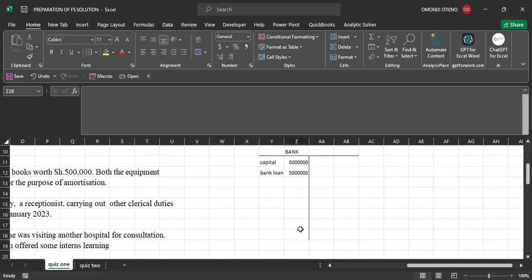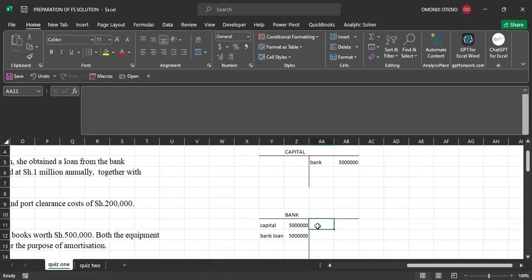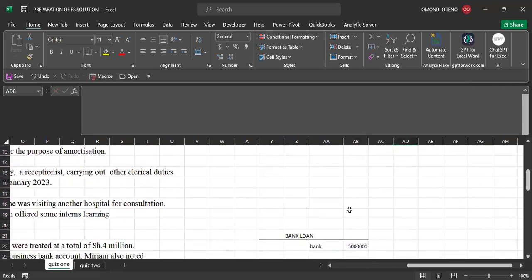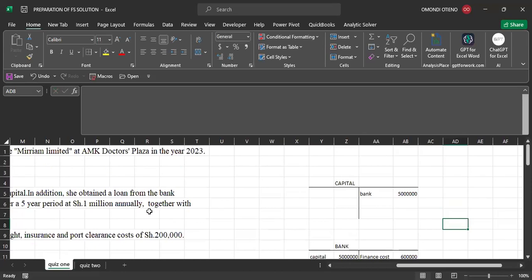This finance cost is paid and therefore it takes money from the bank account. Finance cost is taking how much from the bank? The same amount, that is 600,000.